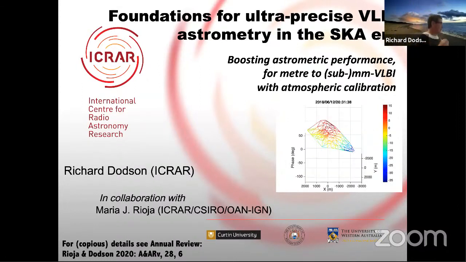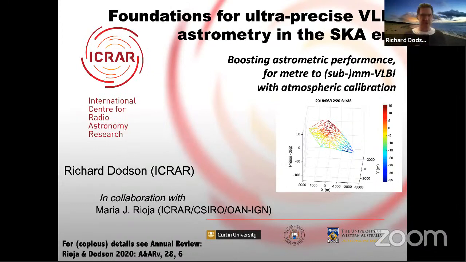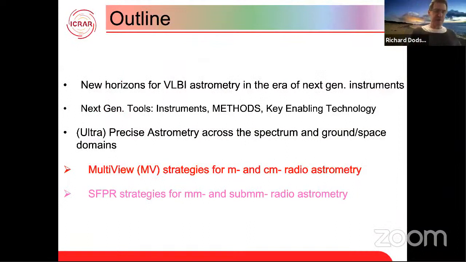This is the outline. So the new horizons that have come with the SKA and the NGVLA, which are on track to be in the next few years, where few is an undefined number. We are on the cusp of a new domain, a new era with new opportunities. We'll have 2 orders of magnitude improvement in the thermal sensitivity, but this does not improve the astrometry, and that's a very important point to realize.